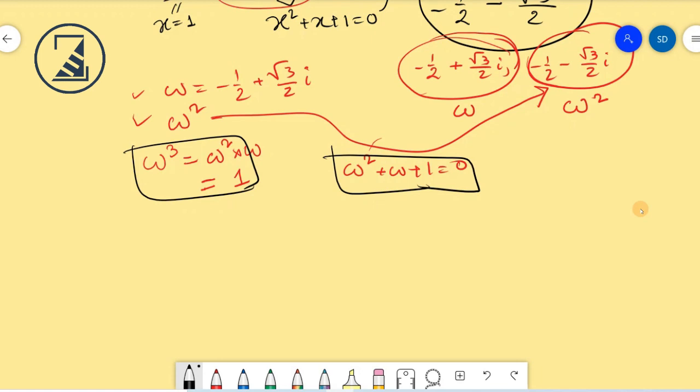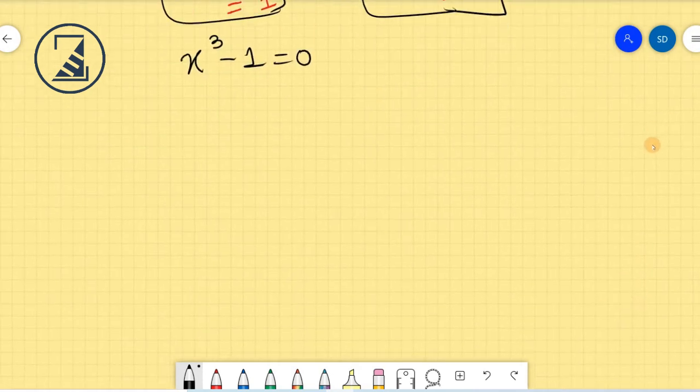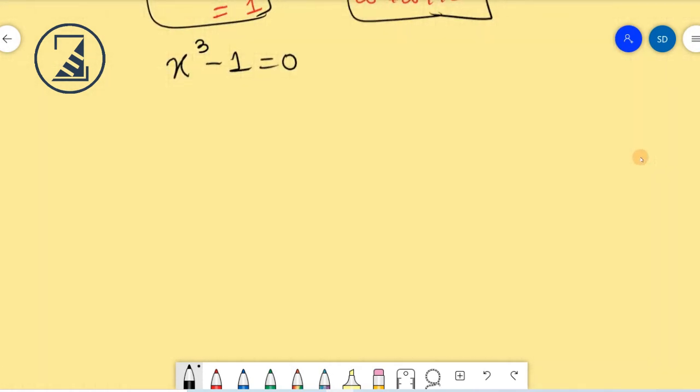Next, let's try to find the solution to the equation x cube minus 1 equal to 0 in a geometric way, more of an intuitive way. So if we rewrite this equation, this will be x cube equal to 1, right?